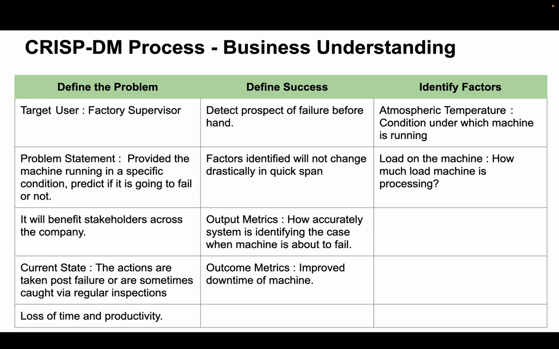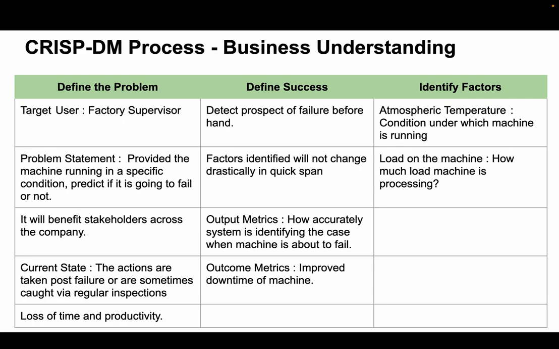So the target user is actually the factory supervisor. Problem statement again: given the machine running in a specific condition, predict if it is going to fail or not. It will benefit stakeholders across the company, starting from the operator to the person sitting at the top of the hierarchy, because it will improve productivity and monetary benefits, with a reduction in downtime.